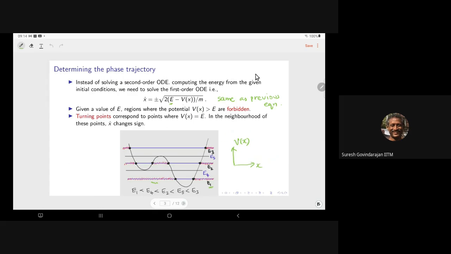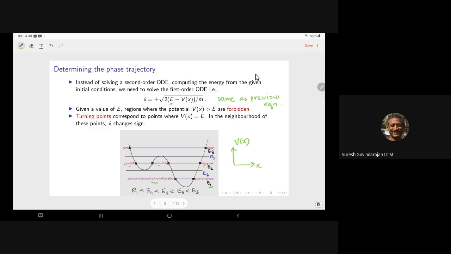Okay, let's go back here and look at E2. With E2, you see that there are 3 separated regions, here, here, and here, where again the particle cannot go. Then we have a third example, E3. I've chosen interesting values, which are more typical.